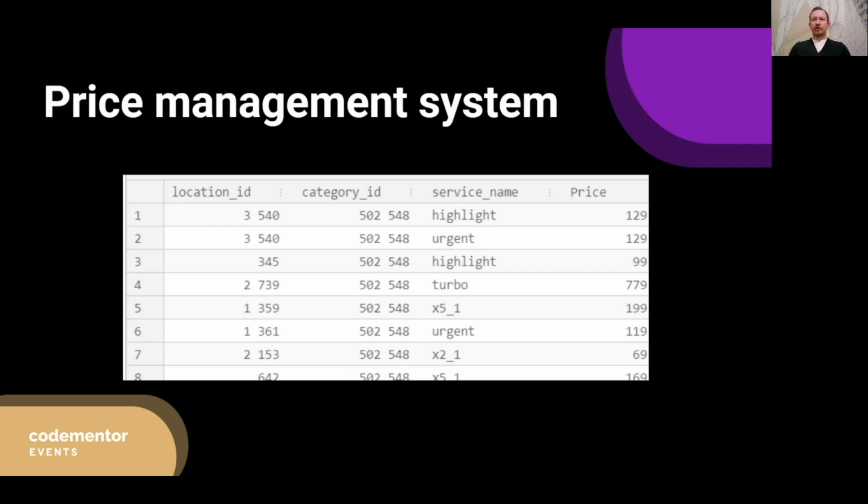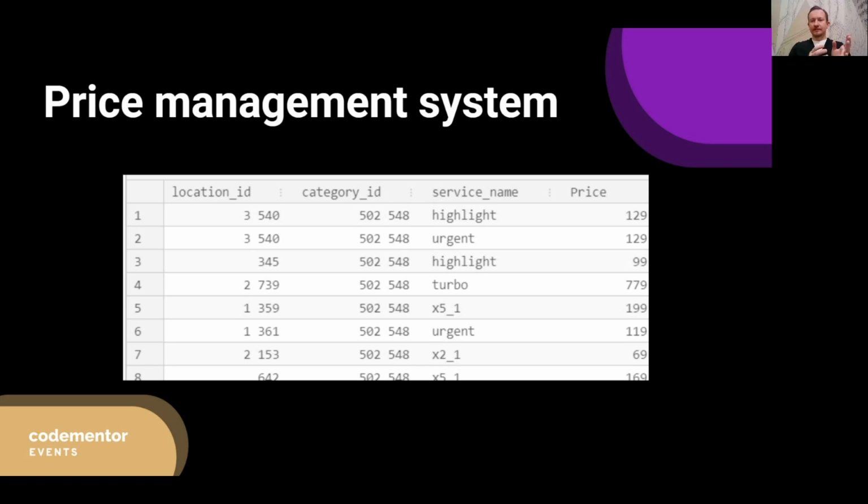And also here we understood that we don't need to invest in graphical user interface because first it's impossible to manage huge price matrices with tens of thousands rows in graphical user interface.